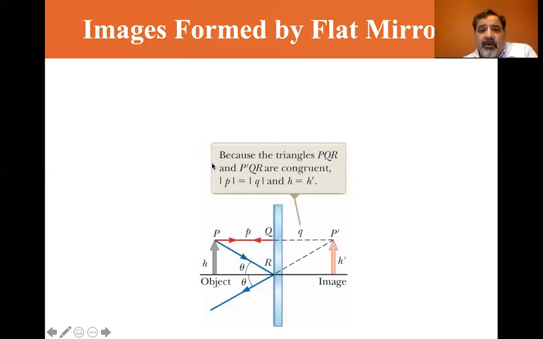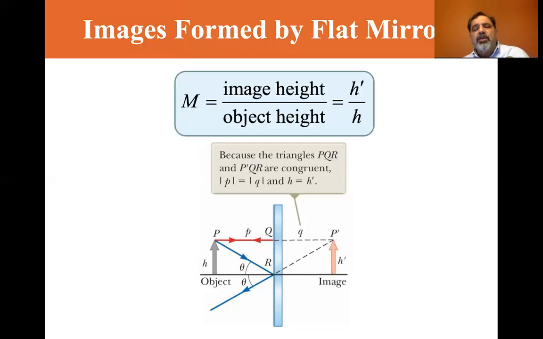We have here what we call the magnification, because of the triangles PQR and P prime QR, the absolute value of P equals the absolute value of Q. We're saying absolute value because one is actually the negative of the other. And we have H is equal to H prime. So the magnification, in this case, is 1.